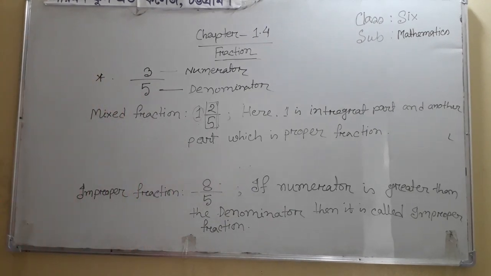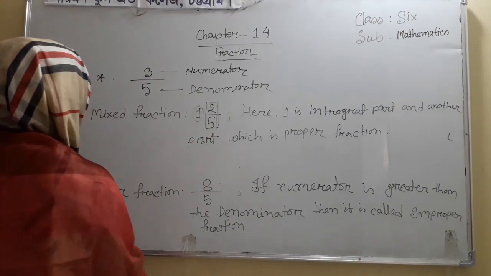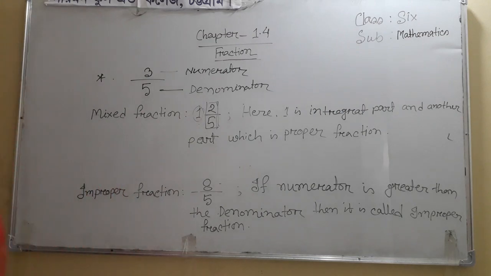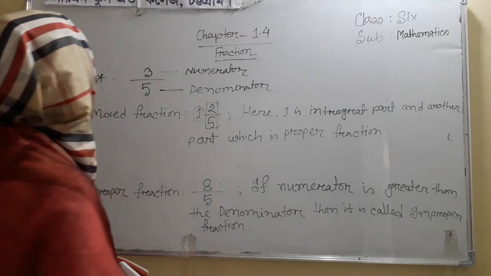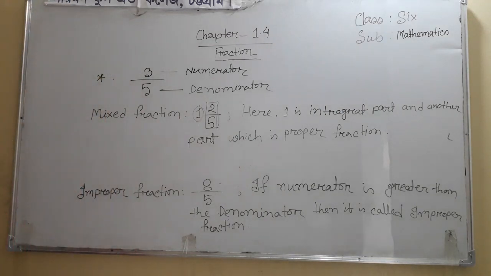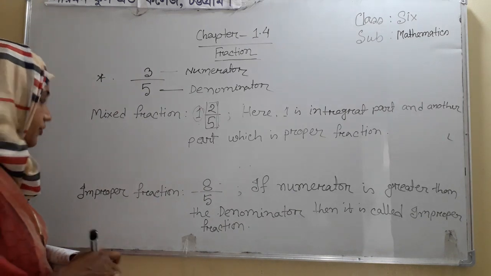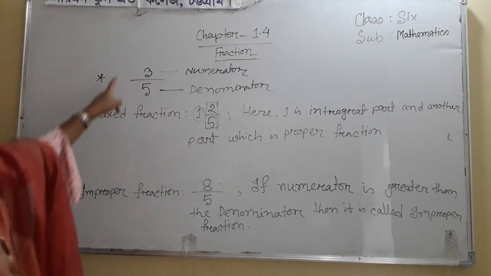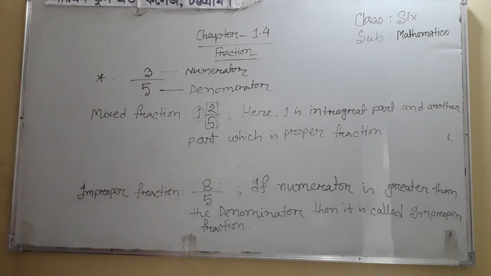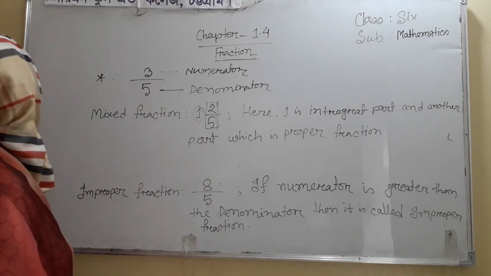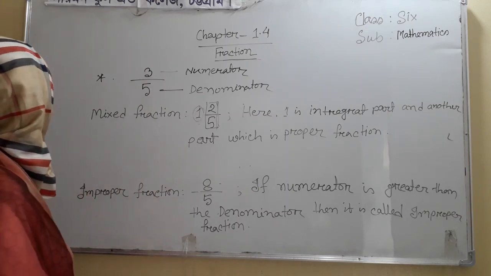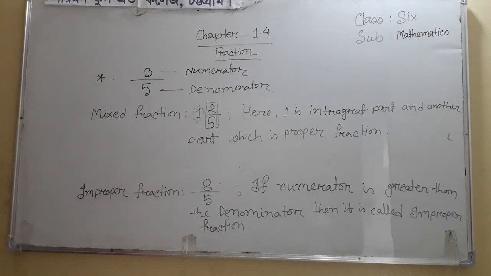Now again I can revise this. We have a common fraction, and common fraction has 3 types: 1, proper fraction, 2, improper fraction, and 3, mixed fraction.